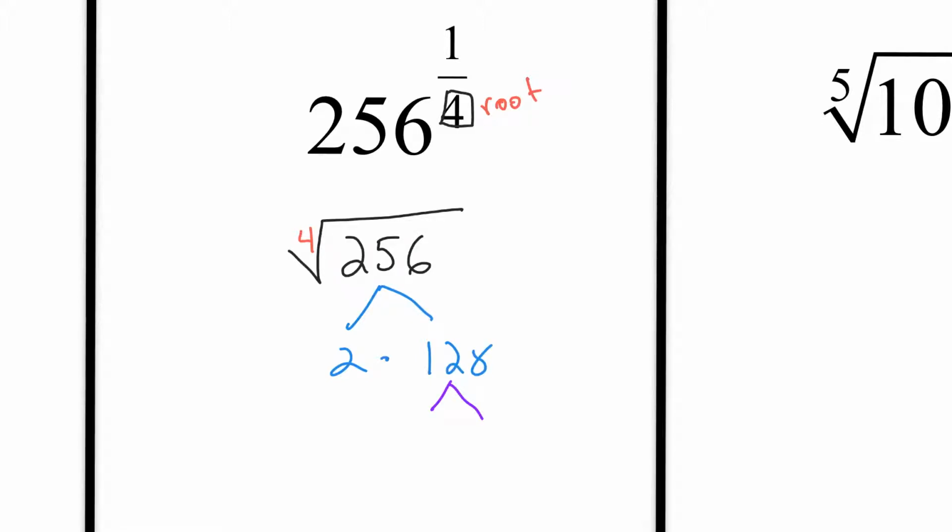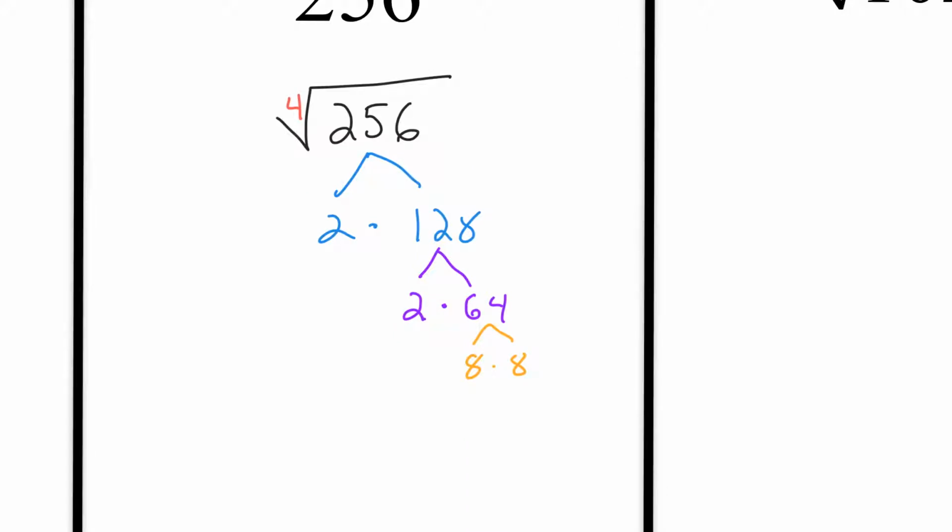It's even, so I know 2 goes into it, so 2 times 64. If you look at the 64, that's going to be 8 times 8. And you keep going. You break down the numbers. The 8, you can have 4 times 2. And the 8 over here, 4 times 2. And then the 4 here, 2 times 2. And over here, 2 times 2.